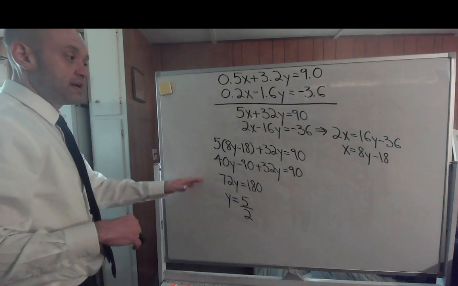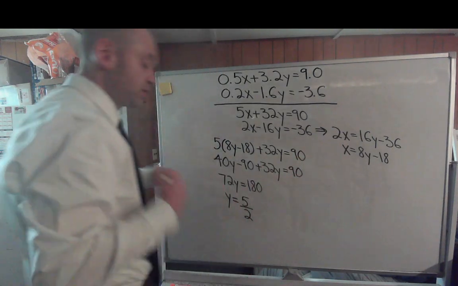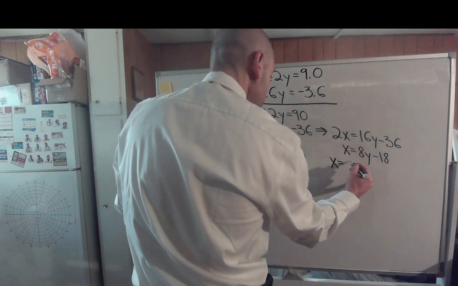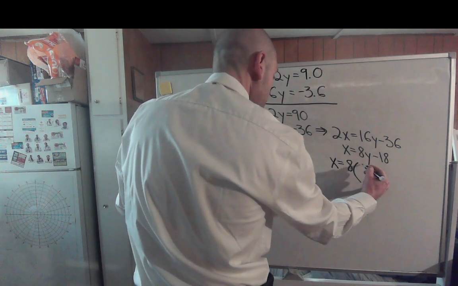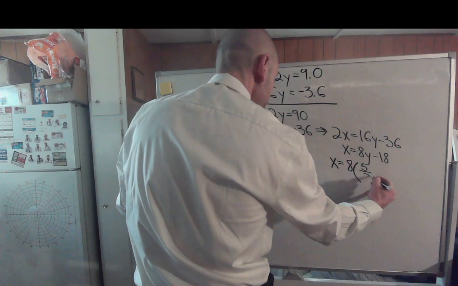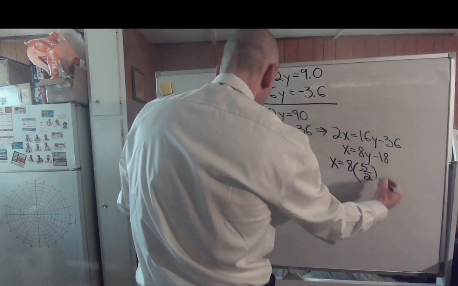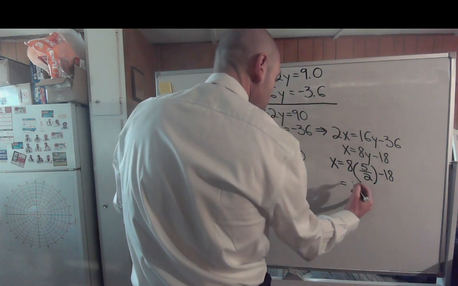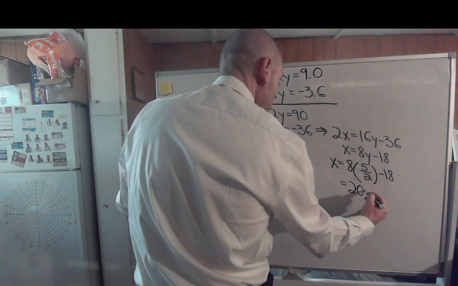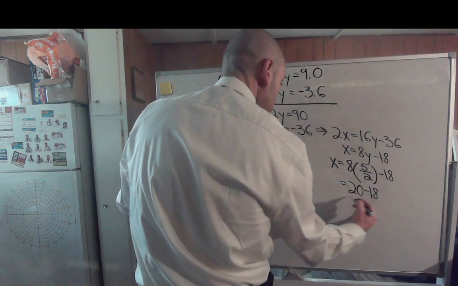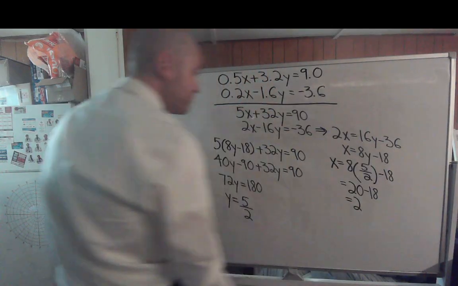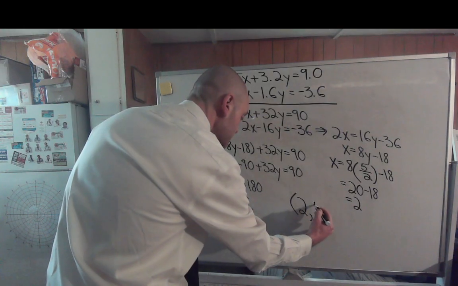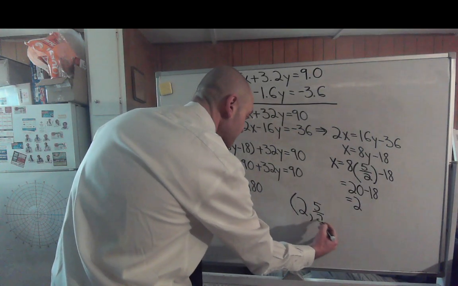Now let's go ahead and put that into our substitution equation. We can get the value for x. So x is going to equal 8 times that 5 halves minus 18, which would equal 20 minus 18, or simply 2. So the ordered pair that's going to be our solution is 2, 5 halves.